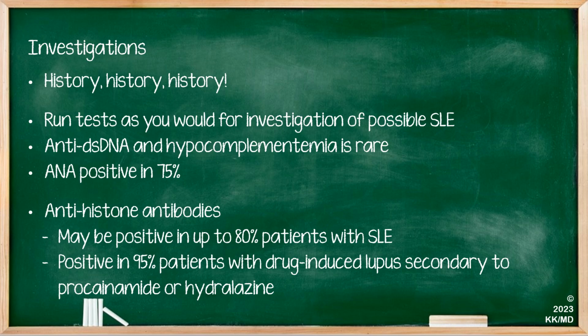So it's really important for you to realize that antihistone antibodies can be positive in about 80% of cases of actual systemic lupus erythematosus. However, it's also positive in 95% of patients with drug-induced lupus secondary to medications such as procainamide or hydralazine. So it's really quite a sensitive test.